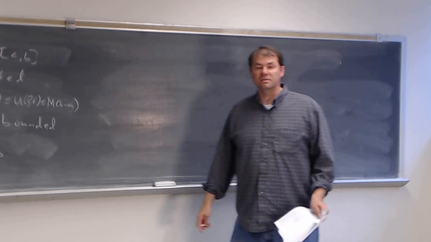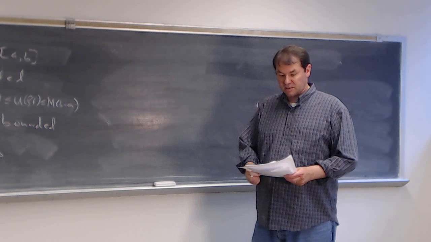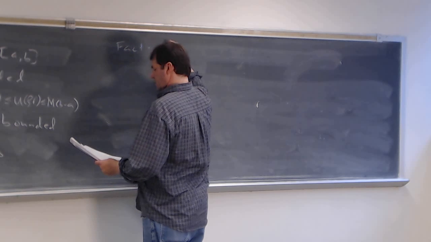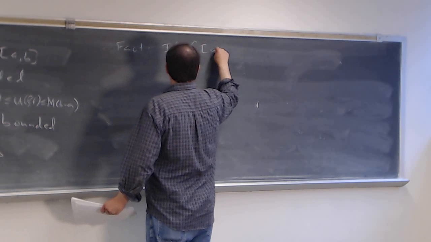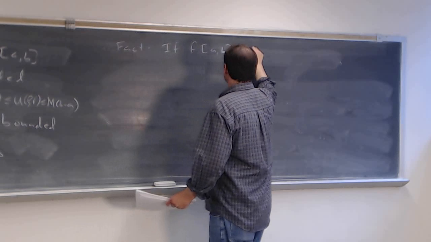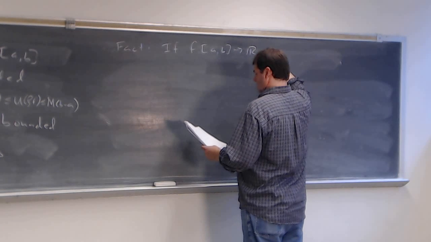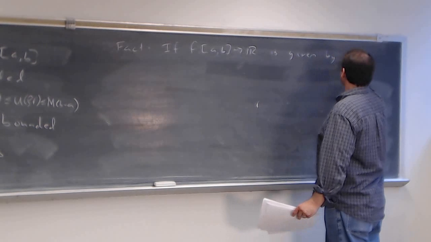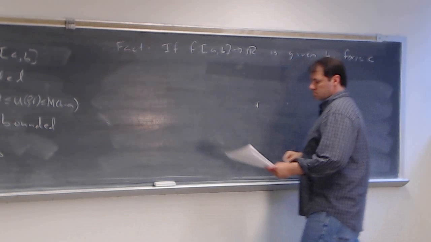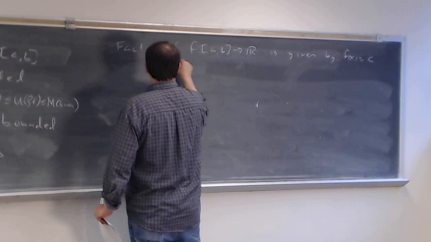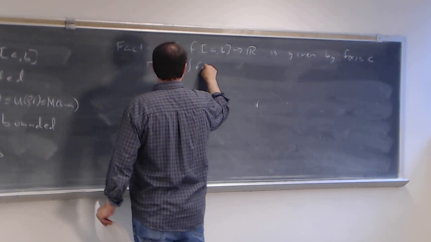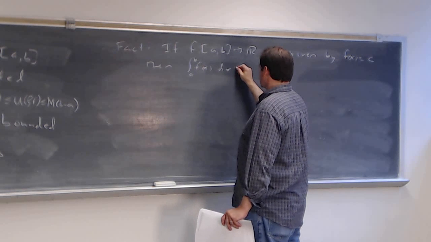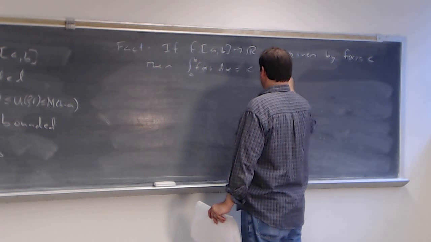I believe the simplest example of a Riemann integrable function is a constant function. So here's a fact. It says if f defined on a to b into R is given by f of x equal to c, then the Riemann integral of f of x dx from a to b is equal to c times quantity b minus a.